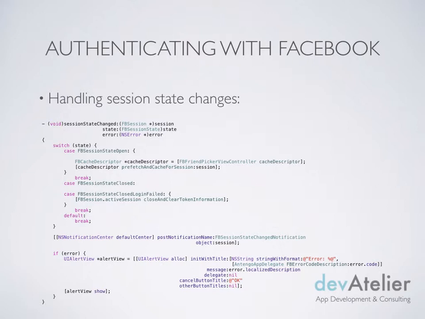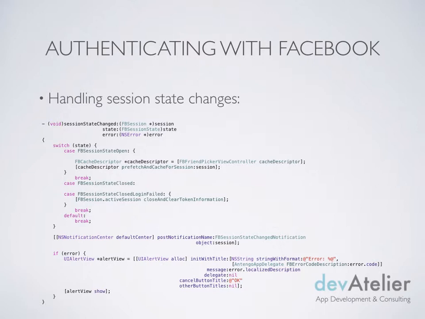So the way I do that is I'll take the state parameter, as you can see at the very top, switch state, and I'll check what our parameter came back to. Luckily, they give us macros like state open, state closed, login failed, and I'll implement my code there.